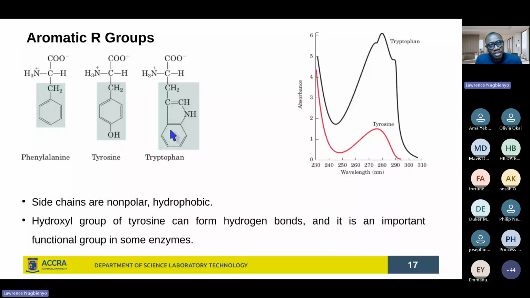Later, as you continue to do biochemistry, you come to see some of these amino acids. You find them in the active center of enzymes, where the reactions catalyzed by these enzymes occur, and they are involved in some processes of proton transfer and things like that.